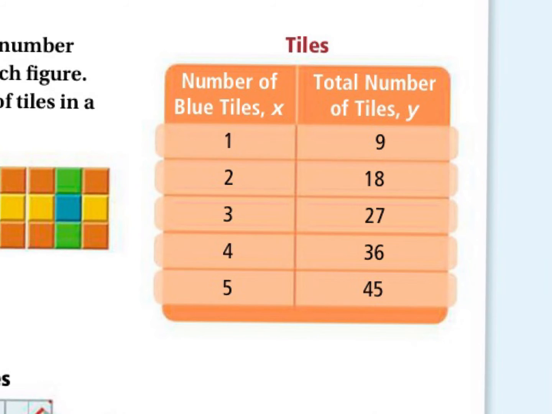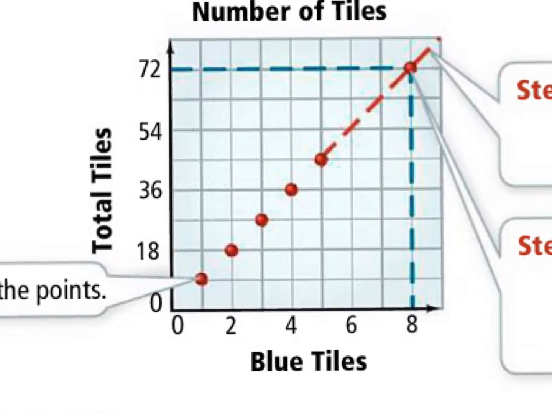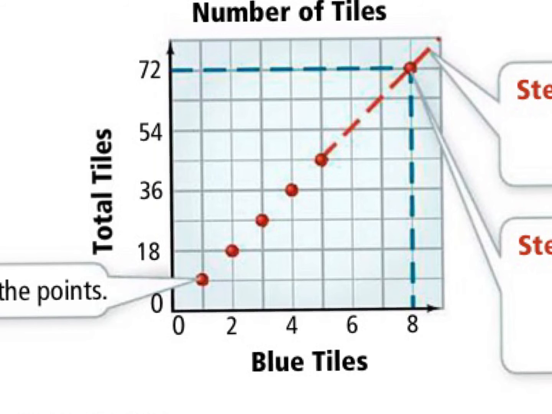One way of doing this, what the book did, is they graphed the points that they had up to that point, and they noticed that made a straight line. So they said, well, let's just extend that line out until we get to 8 blue tiles, and then let's see how many total tiles that is. And they came up with 72. So that works.